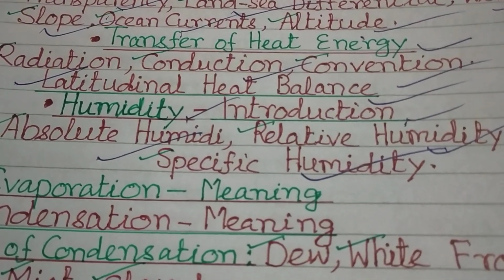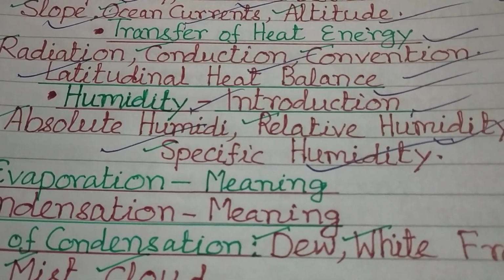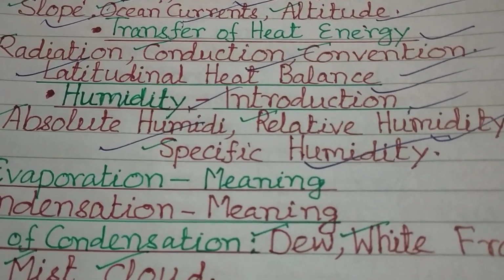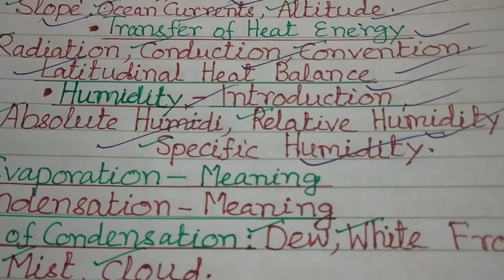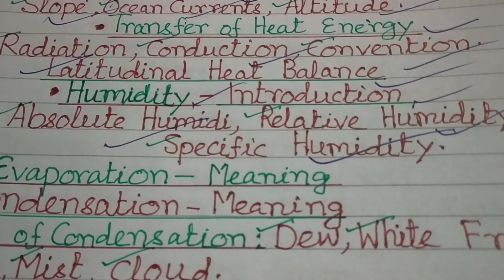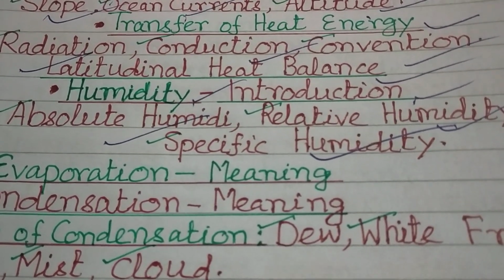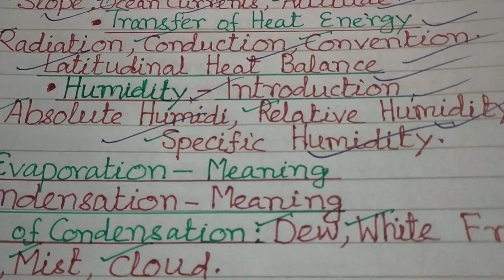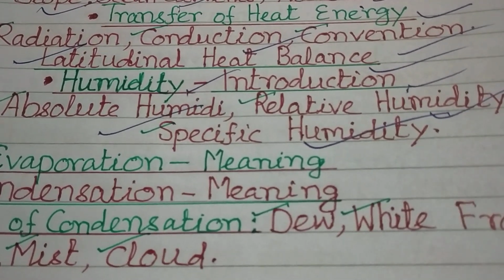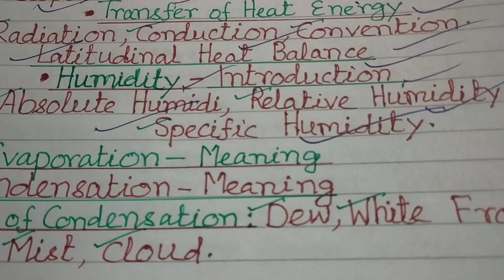Since the relative humidity is based on the air's water vapor content as well as on its capacity, it can be changed in two ways. For example, if moisture is added by evaporation, the relative humidity will increase. And secondly, a decrease in temperature, hence a decrease in moisture holding capacity, will cause an increase in relative humidity.